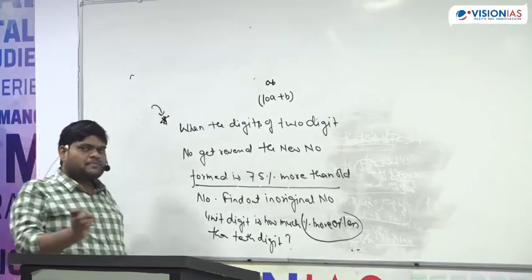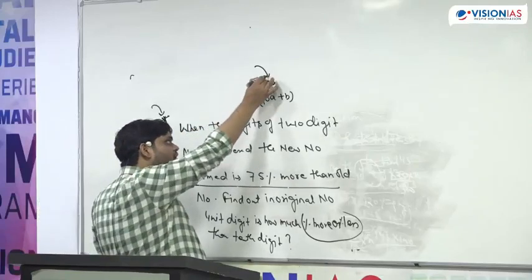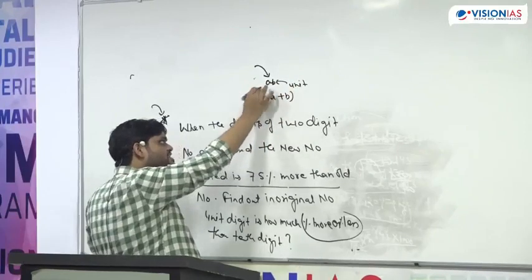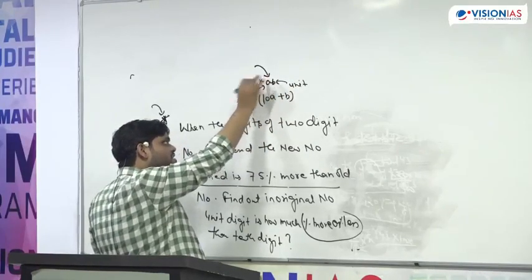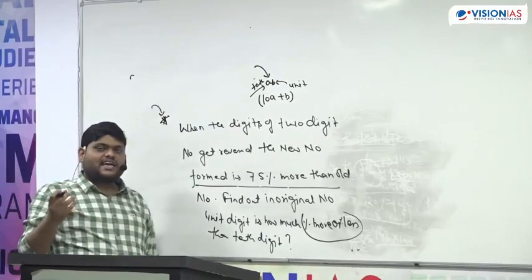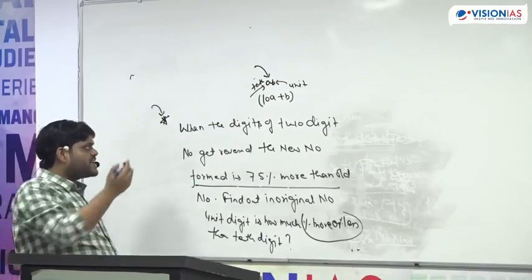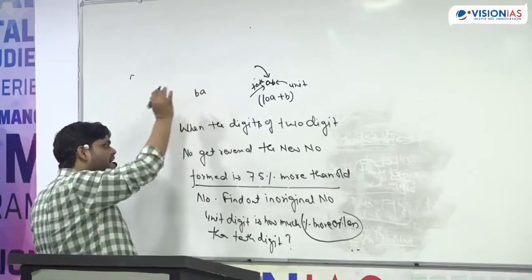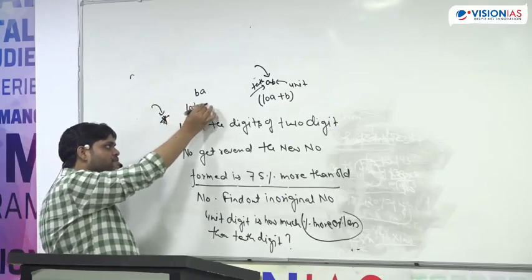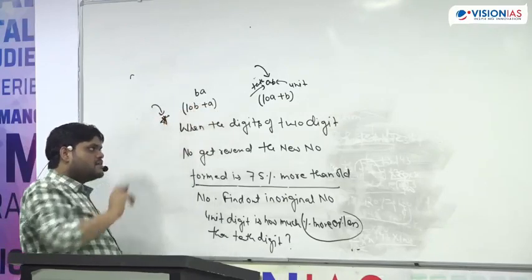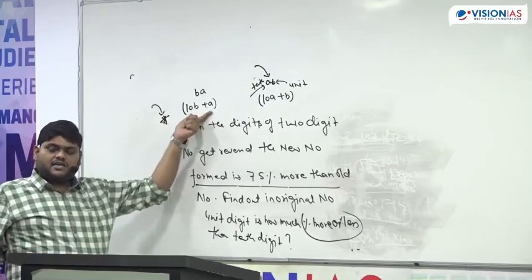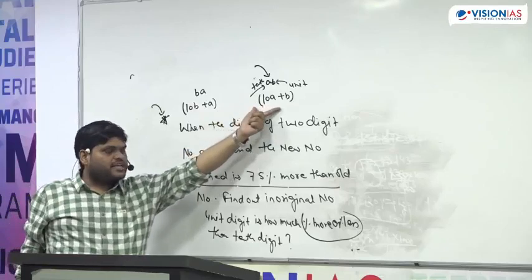Suppose we take the number as AB. B is your unit digit and A is your tenth digit. Now what is the question saying? When this gets reversed, it becomes BA, which means 10B plus A. The new number formed is 75% more than the old number.